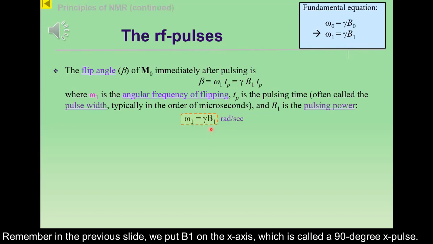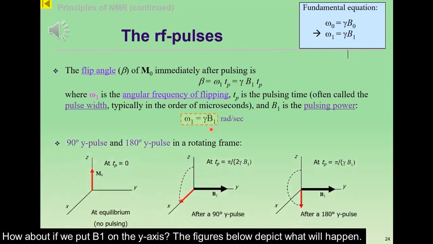Remember in the previous slide, we put B1 on the x-axis, which is called a 90-degree x-pulse. How about if we put B1 on the y-axis? The figures below depict what will happen.